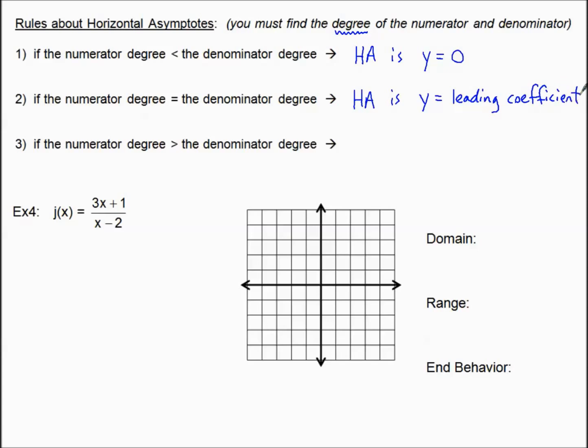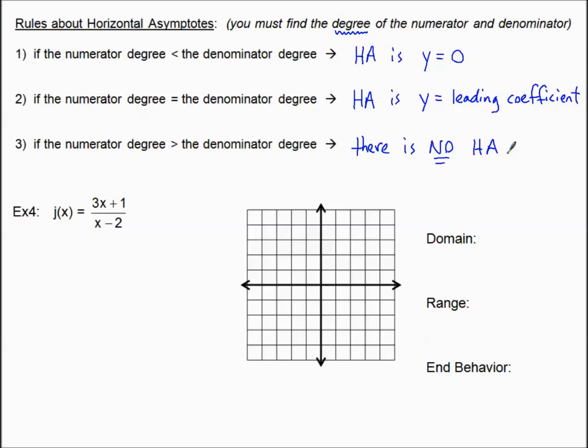That's if the degrees are exactly the same. And our final case is not really a case at all. If the numerator's degree is greater than the denominator's degree, then there is no horizontal asymptote. So we don't even have to worry about that. Those are really the three cases.